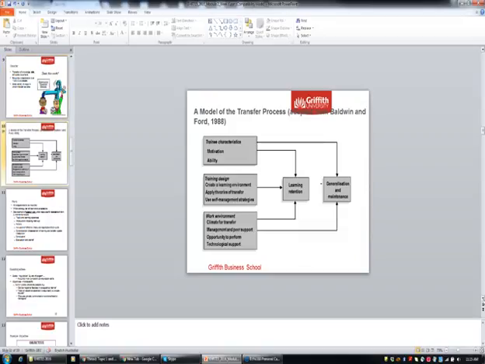So a model of the transfer process is thinking about these particular aspects. You can see on the far right hand side of this slide generalisation and maintenance. So that's about the idea that the learning is generalised from the learning situation, so it can be applied.